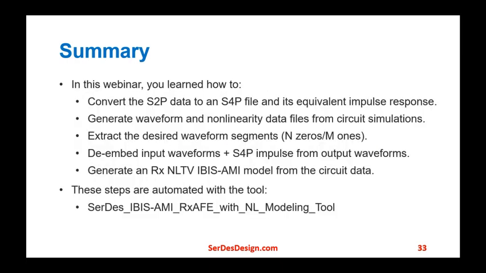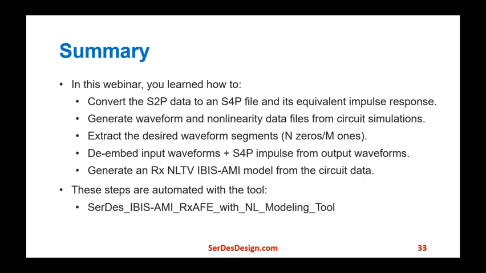In this webinar, you learned how to convert the S2P data into an S4P file and its equivalent impulse response. You learned how to generate waveform and nonlinearity data files from circuit simulation. You learned how to extract the desired waveform segments with N0s and M1s, and de-embed the input waveforms plus S4P impulse from the output waveforms.